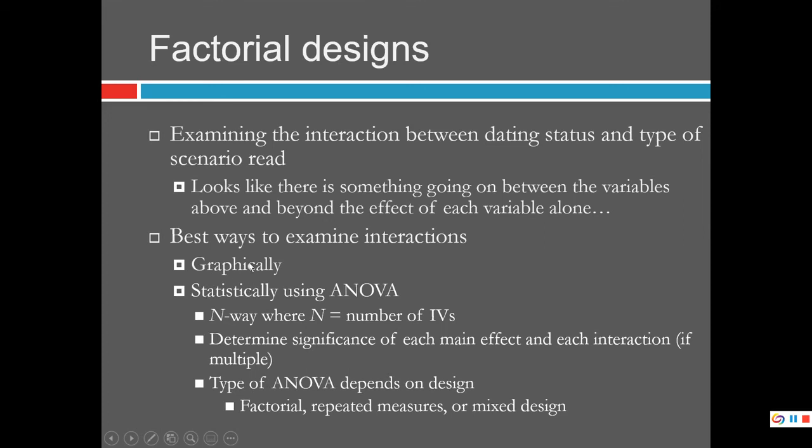These two things together are going to be really helpful in understanding what an interaction is like. If you only looked at it graphically, you might not know for sure if it is statistically significant. And if you only look at the output of a statistical test, then it's kind of abstract and difficult to understand what the interaction actually means practically.